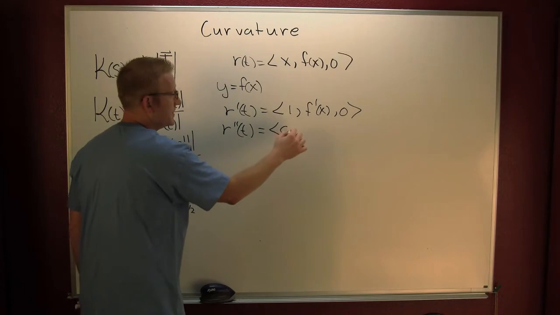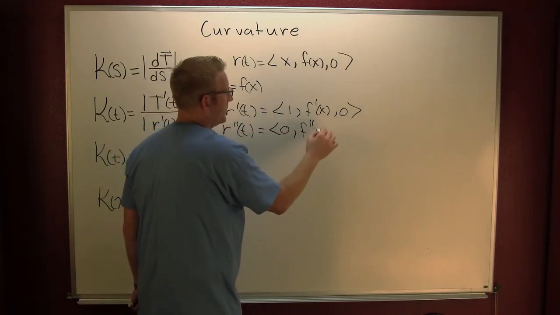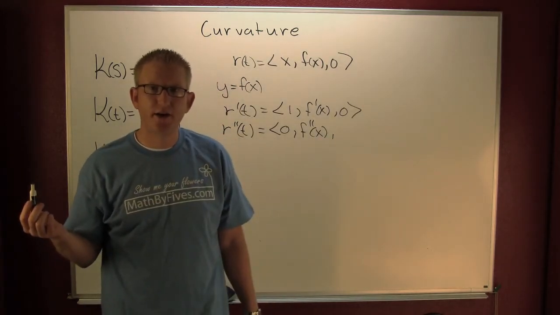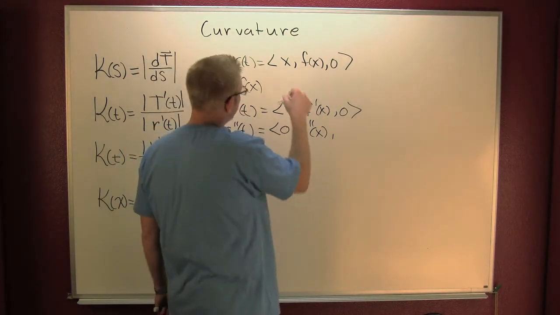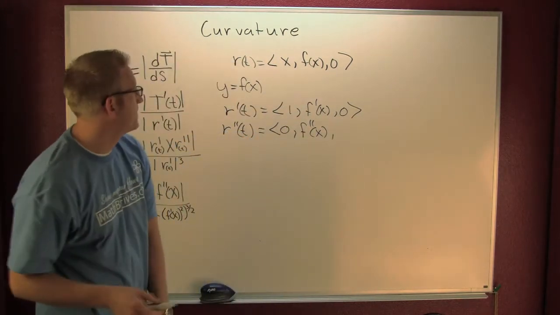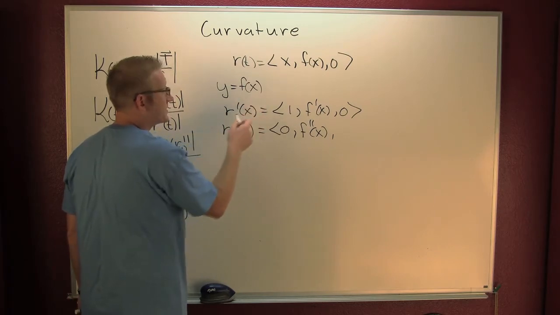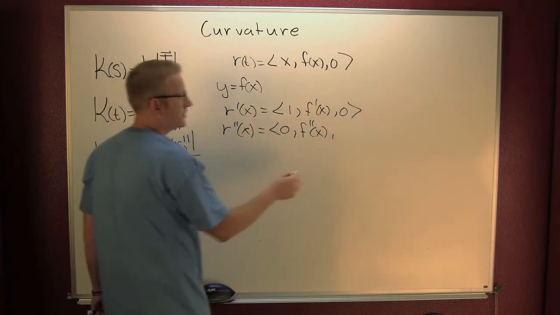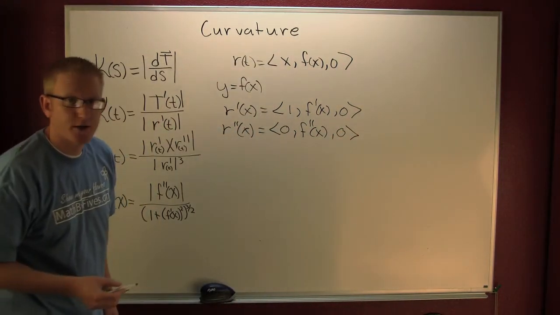That's 0, f prime prime of x, the second derivative, because when we're taking the derivative of vector valued functions, it's the derivative of each one of its components. Change this parameter to x, because that's now our input value. There we go.